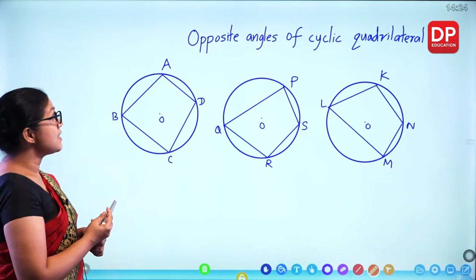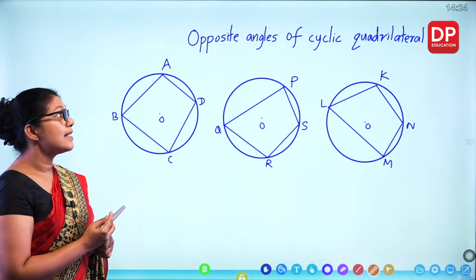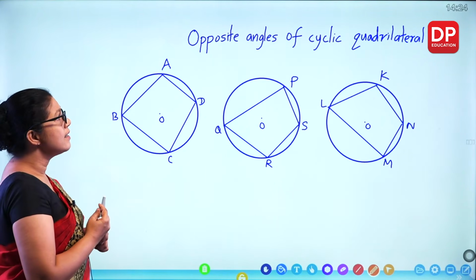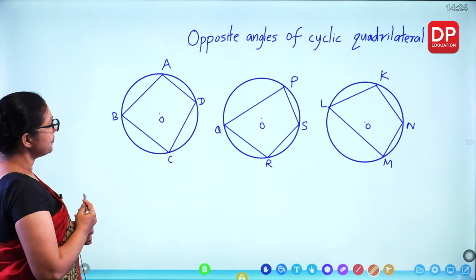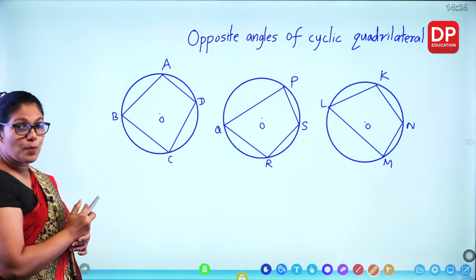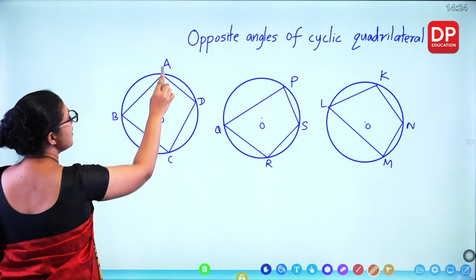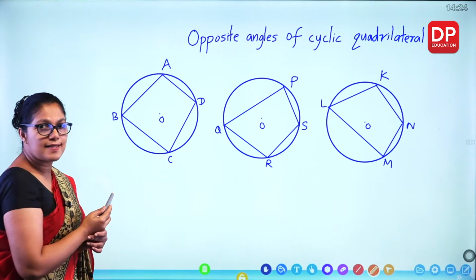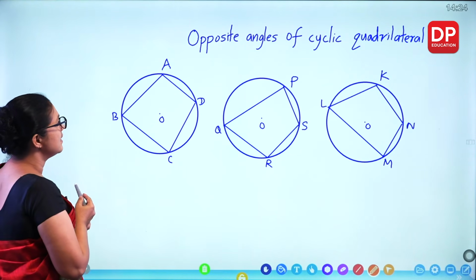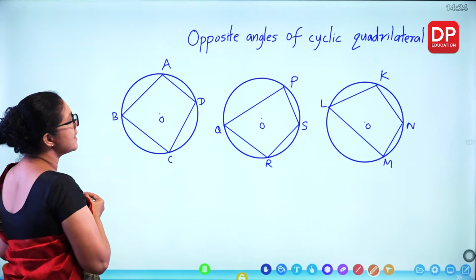Now we need to identify what are opposite angles of a cyclic quadrilateral. Look at this one. O is the center and A, B, C, D are 4 vertices on the circle. So what are opposite angles?